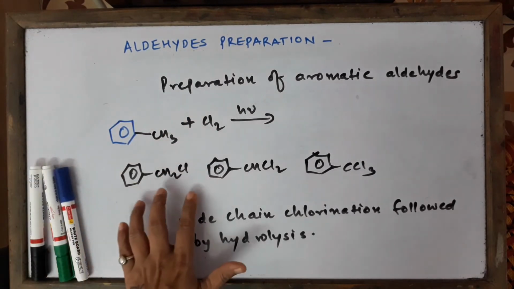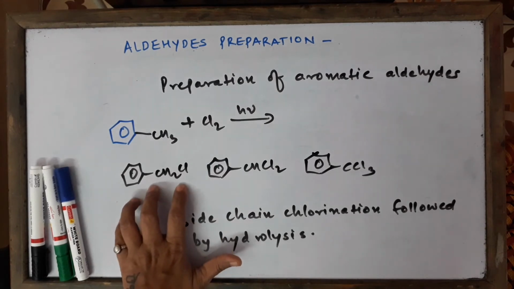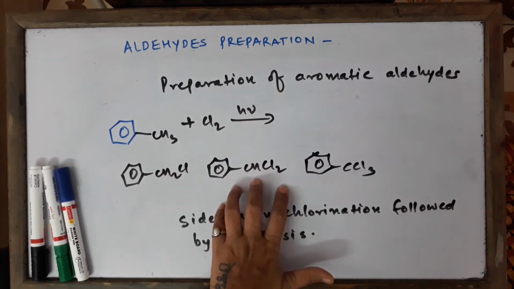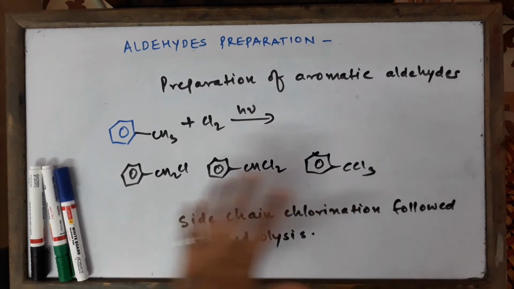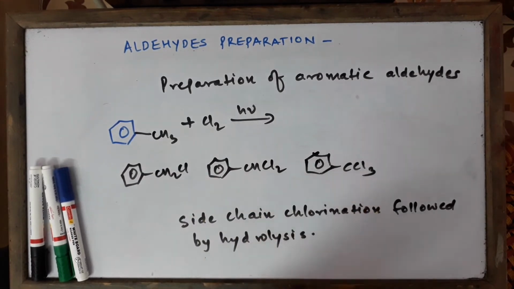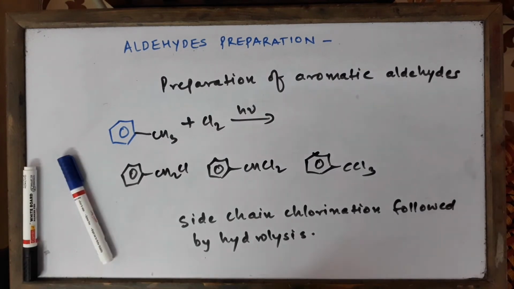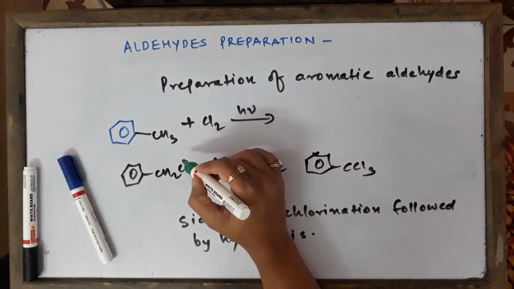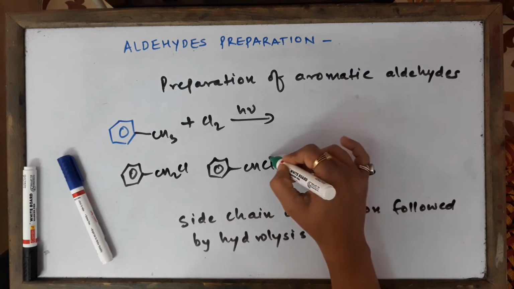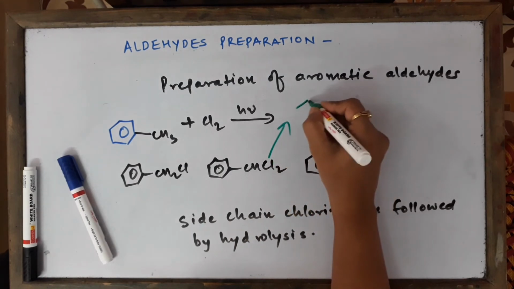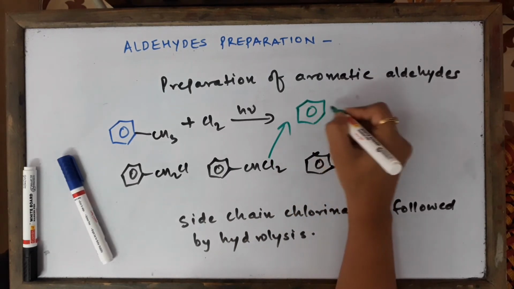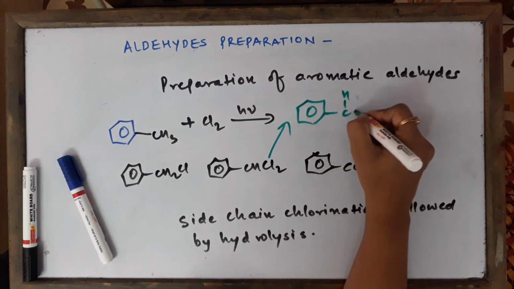So I may get benzyl chloride like this, benzyl chloride like this, benzo chloride like this. I may get anything, but I am interested only in one compound. Out of these, I'm going to pick up this one.